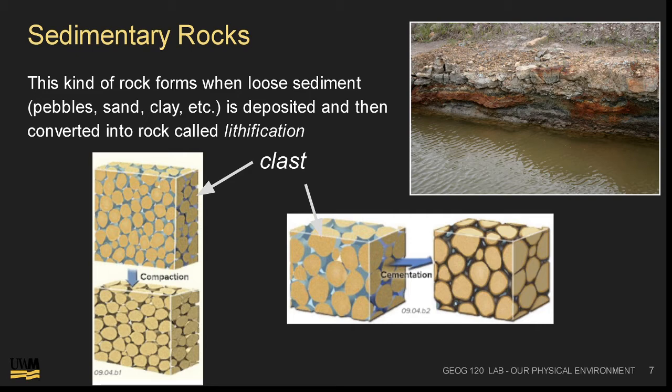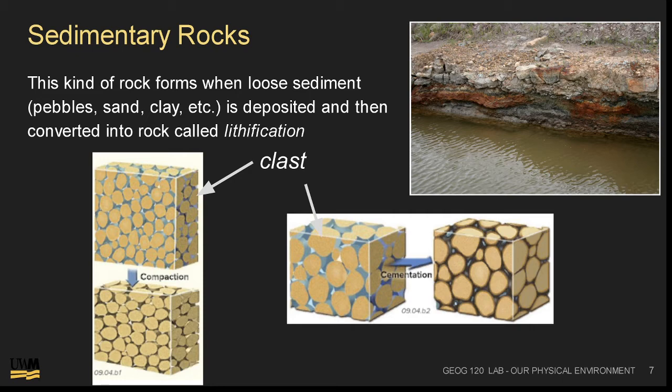And then, to actually become a new rock, they have to go through a process called lithification, which involves compaction and cementation. Compaction is simply being squished down so that the pores or spaces between the particles get smaller and smaller.